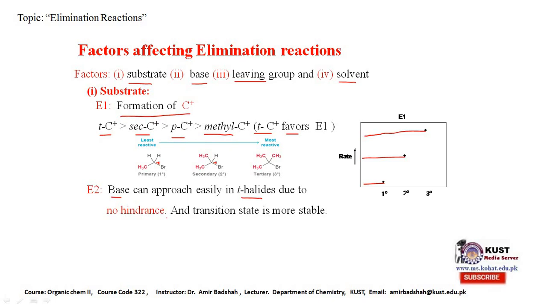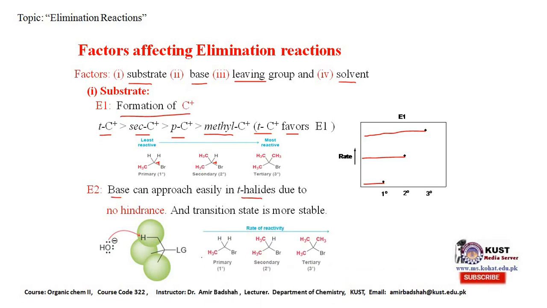In primary it will be further less stable. For example, here this is a tertiary halide, and OH can easily abstract this hydrogen because there is no hindrance for this base. So it means that if we move from the primary to the tertiary halide, the rate of the E2 reaction will also be enhanced.